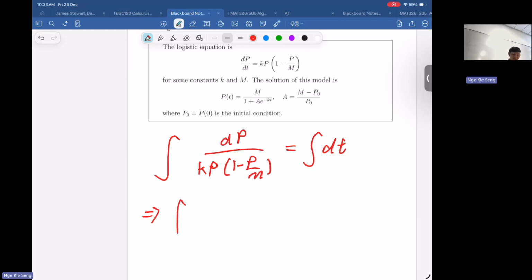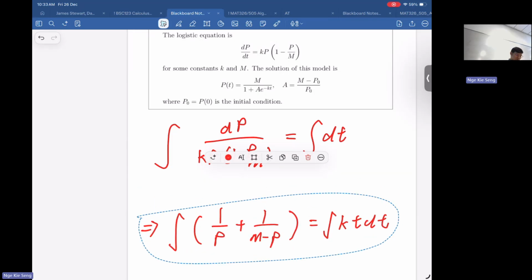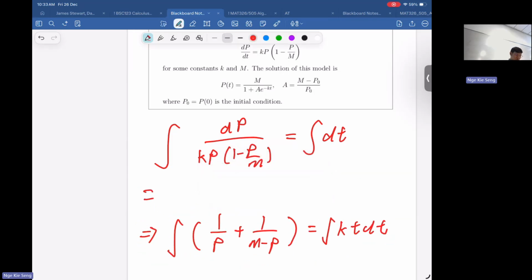So can we quickly do the partial fraction? Actually, it is 1 over P times 1 over M minus P. Okay. I throw K to the other side. If you are not sure where it came from, maybe I can write one more step for you.